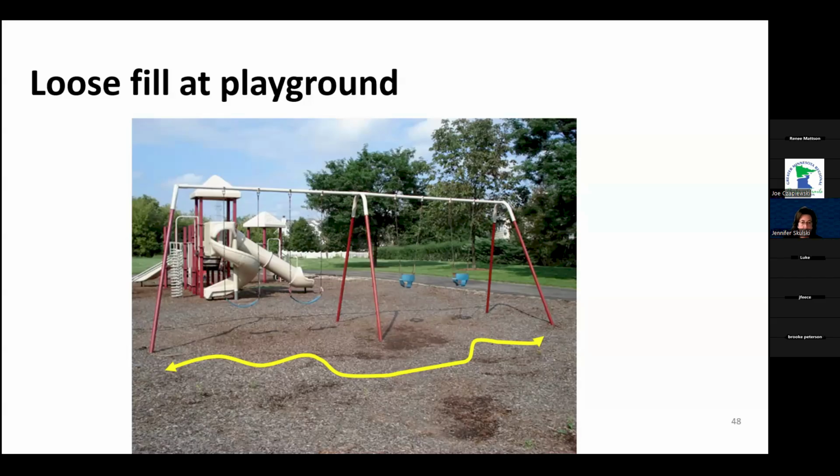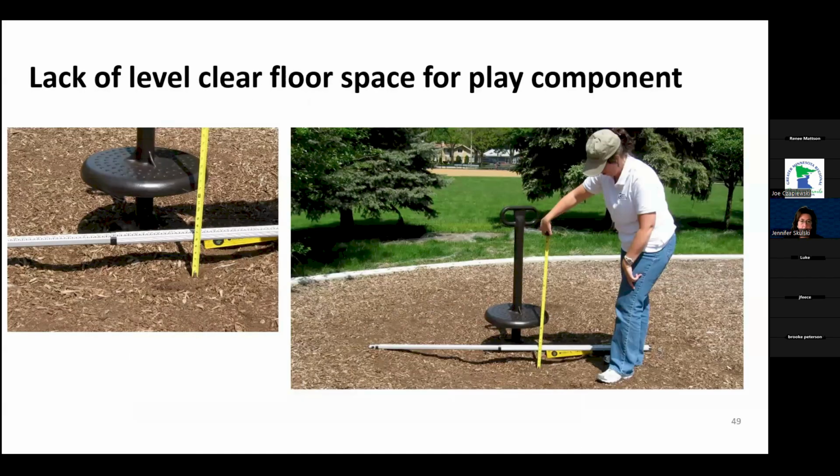The surface is no longer firm and stable, but there's a lot of kick out areas and a lot of ruts and valleys. So definitely something to think about. And then the lack of the level clear floor or ground space for each play component. And so again, this is that kick out area.